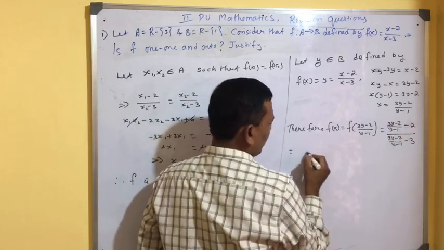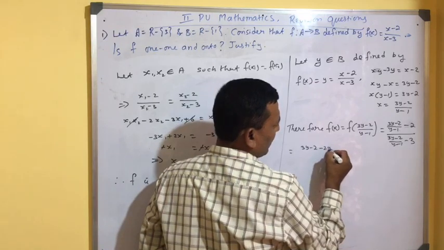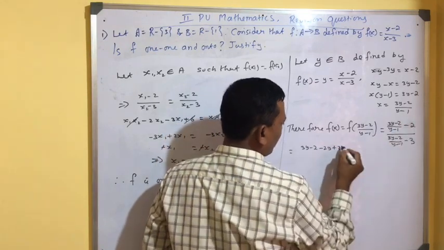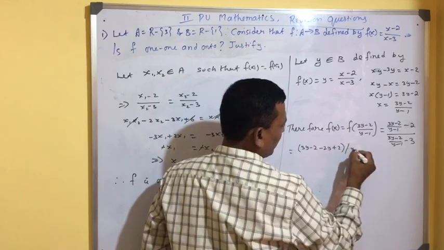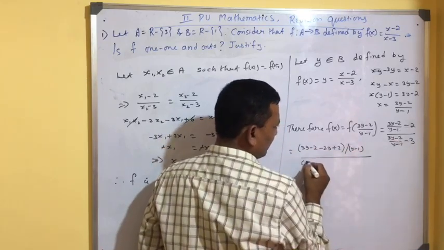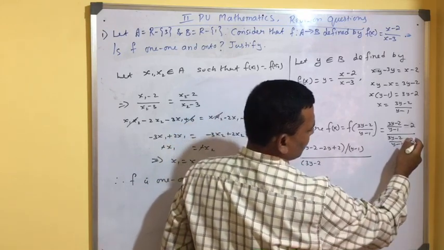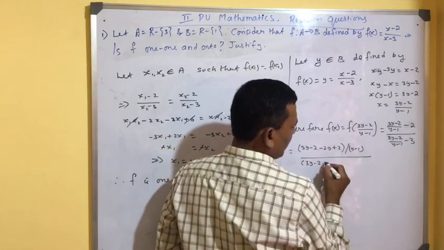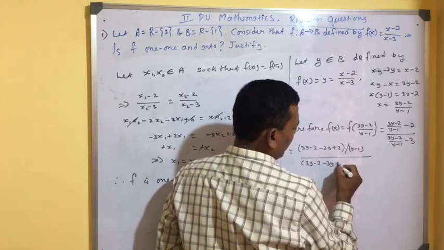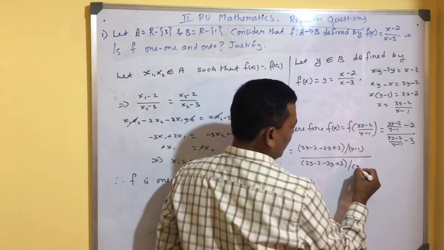Now when you cross multiply, 3y minus 2 minus 2y plus 2, divided by y minus 1, whole divided by, now if you cross multiply this one, 3y minus 2 minus 3y plus 3, whole divided by y minus 1.